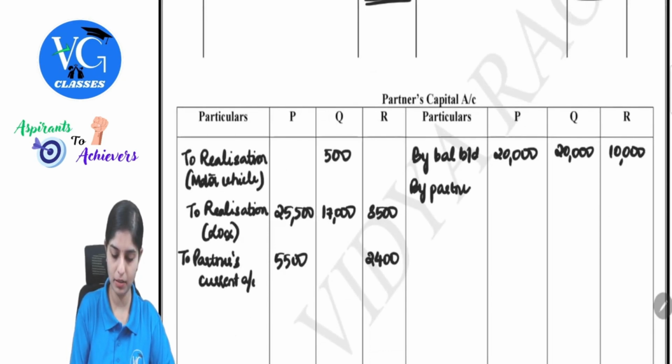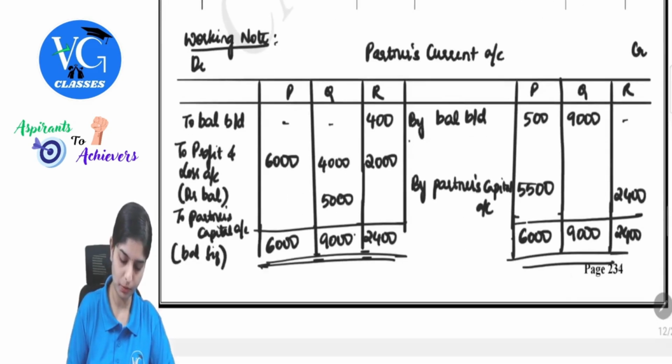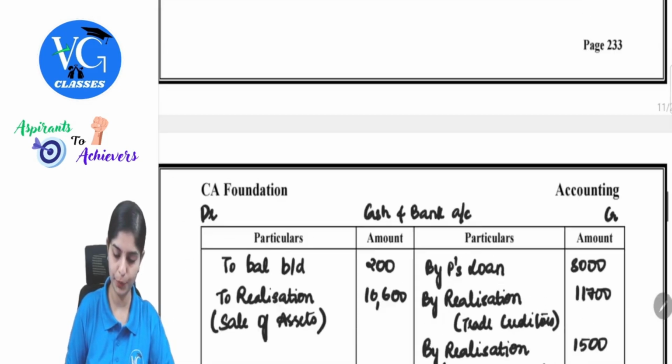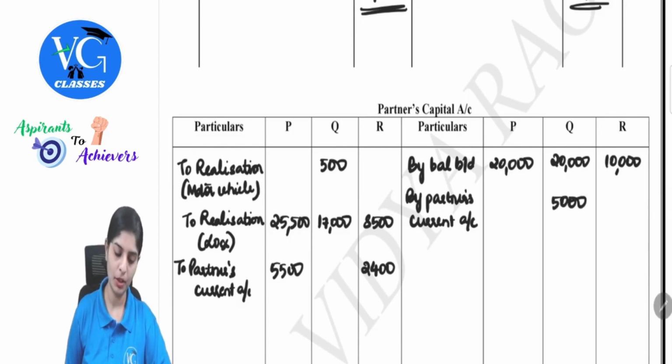By partners current account, 5,000 for Q. So this we have transferred from the partners' current account.